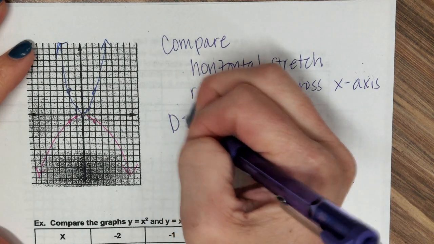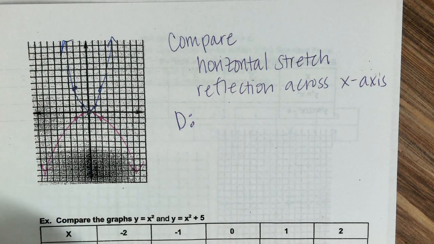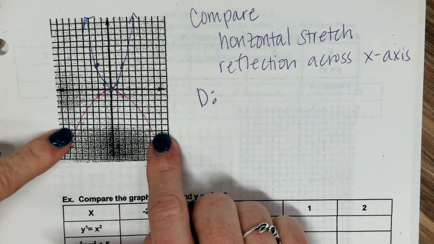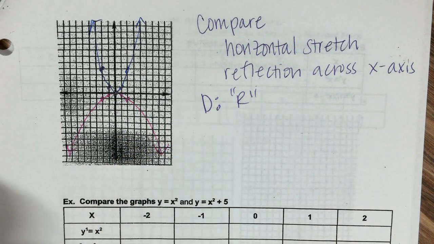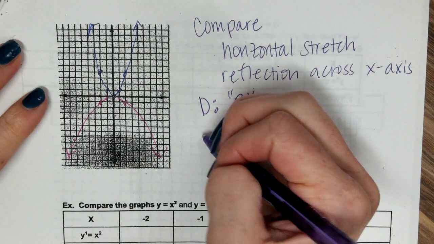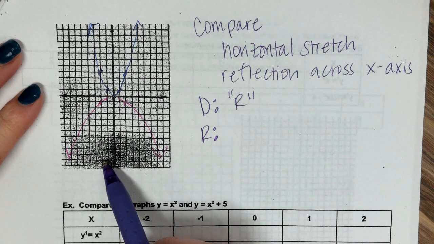So what is the domain of the new function, not the parent function? What is the domain of my pink one? All real numbers, because it's going to slowly keep going left and right. Yes? What is the range of my new function?